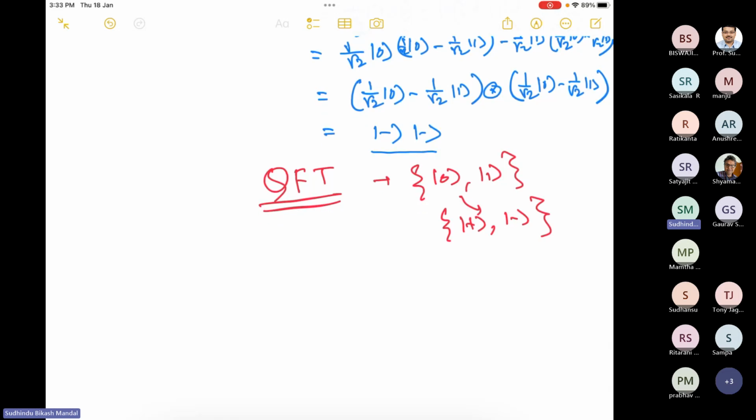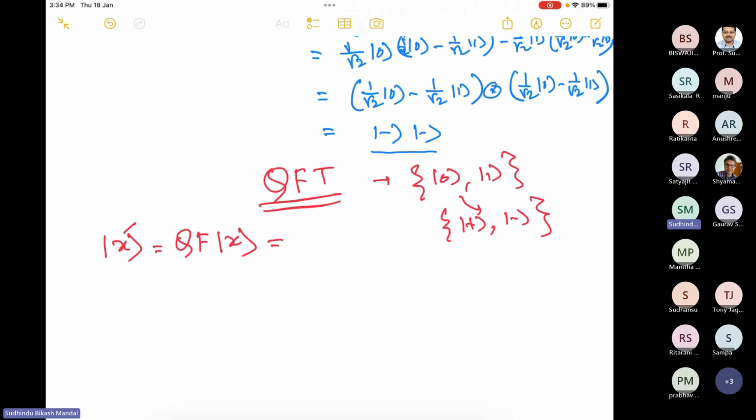Okay, so take a state X, any arbitrary state, and if I do the QFT, I'm writing this X bar or X dash. This is the QFT of X. Now I'm writing the mathematical expression of QFT, okay, but before that I want to say another thing.